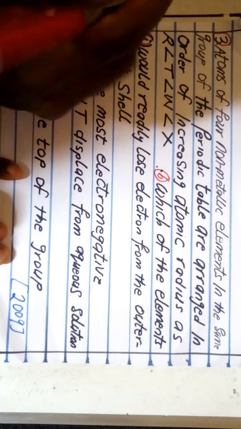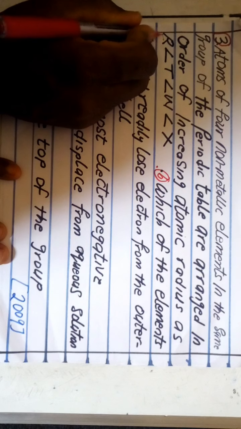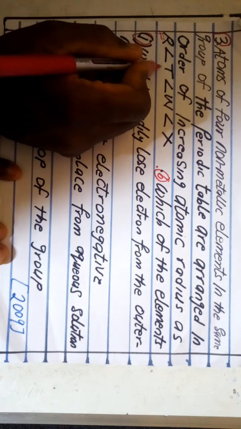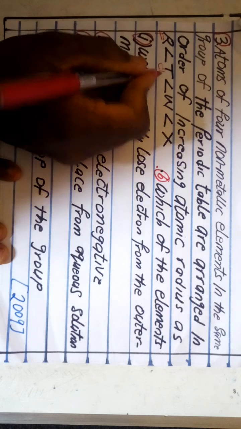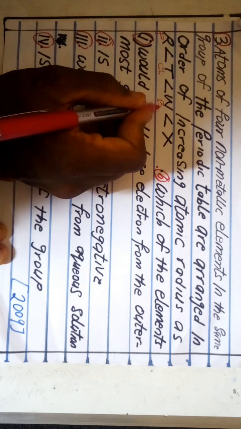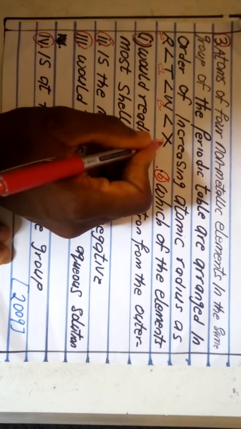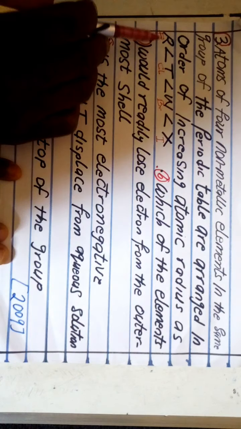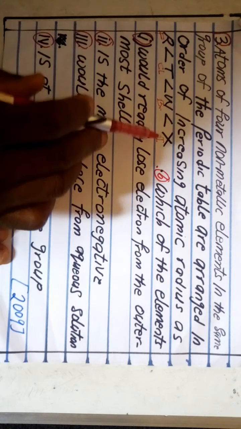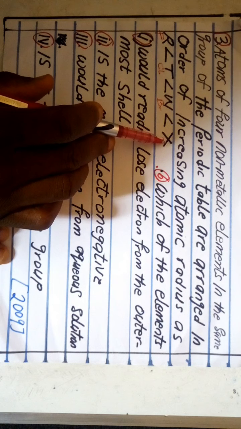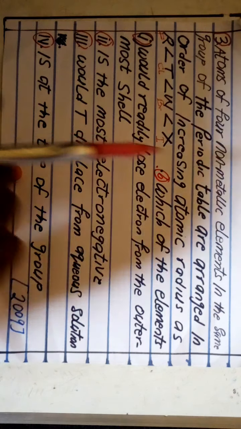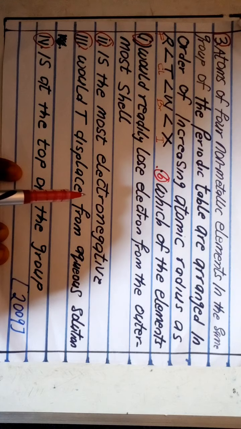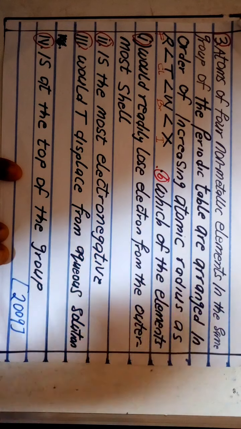So R would be fluorine, chlorine, bromine, and iodine. R is the smallest and X is the largest. Going down the group, the atomic size increases because the number of shells also increases.